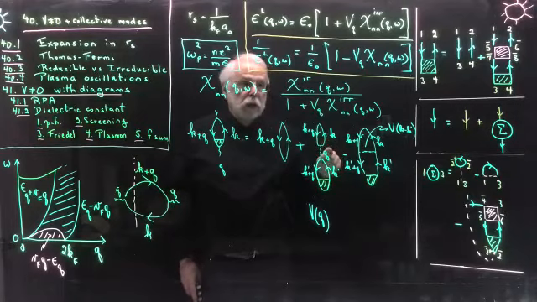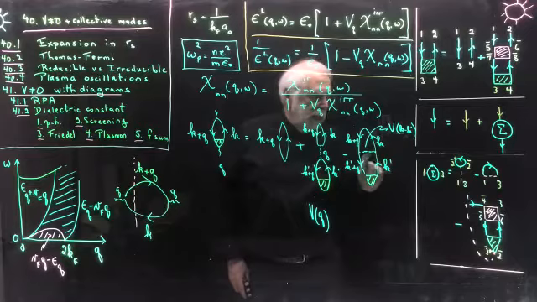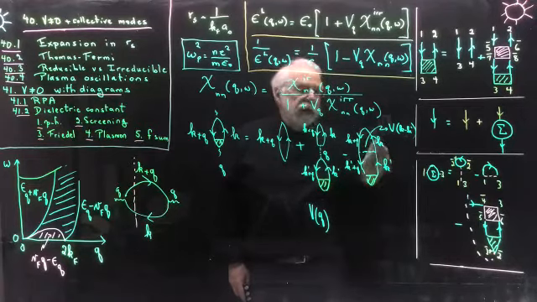We get 1 over q squared here. Here we get 1 over k minus k prime. And we're doing three-dimensional integrals over k and k prime.